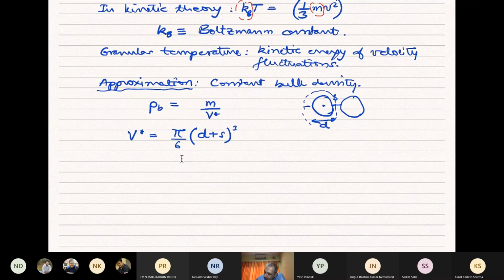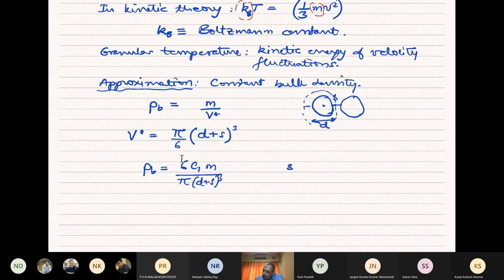And so the bulk density would be approximately given by some constant C1 into m, then you'll have 6 divided by pi into (d plus s) cubed.